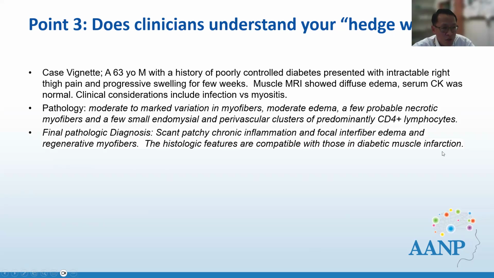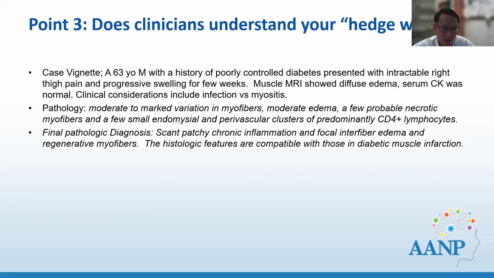Now, if you show this to a pathologist, most pathologists would know this is a very weak and equivocal diagnosis, and they use the term compatible with. I don't know what your experience is. From my own experience, consistent with means the pathology is typical for this entity, but I can't exclude others.